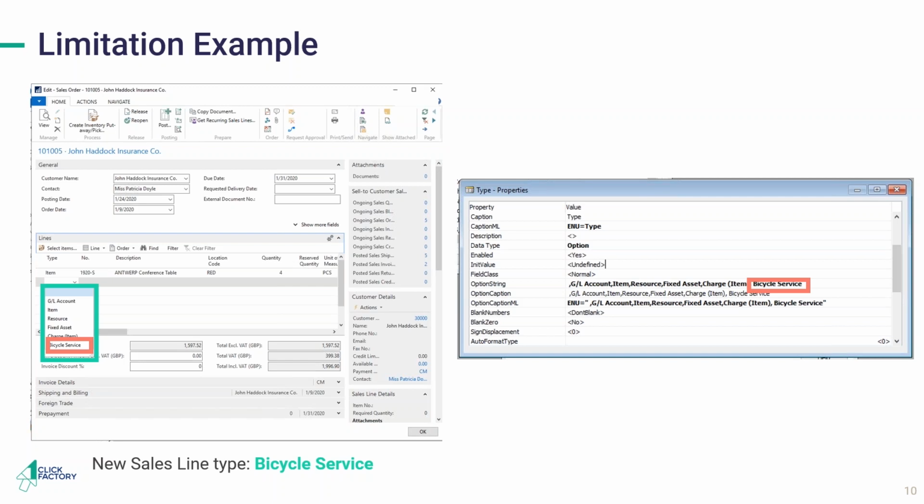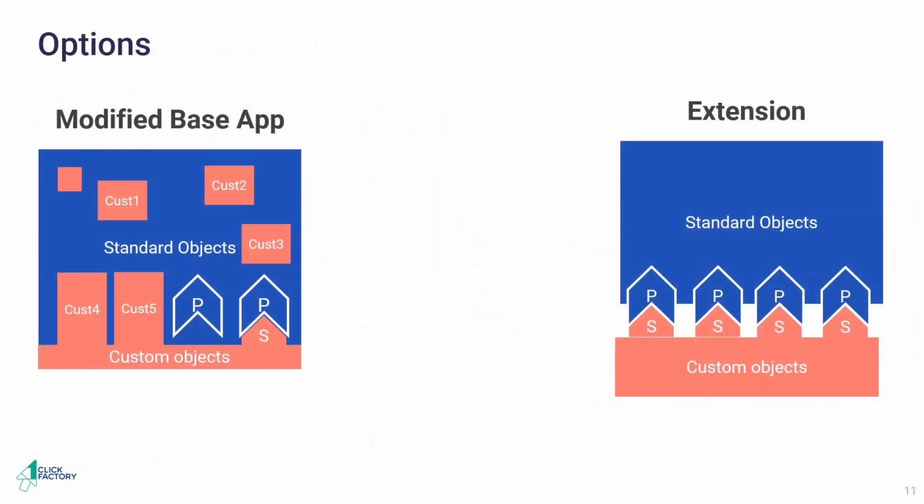So the issue is that in the current version of Business Central, the 15.0 release, I am not able to extend an option field. And this is one of the bigger issues when moving from C/AL to AL, that currently the option fields are not extendable. So what other options do we have when moving from C/AL to AL?